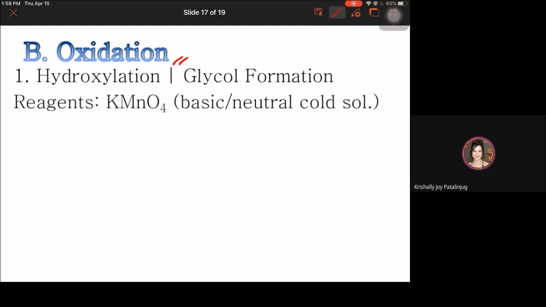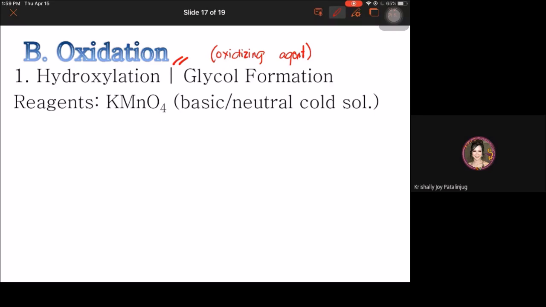So these are the reagents that are needed. Of course, since we are dealing with oxidation reaction, we need a source of oxygen, so we need oxidizing agents. I think you're familiar with oxidizing agents. They are our sources for the oxidation reaction to occur.